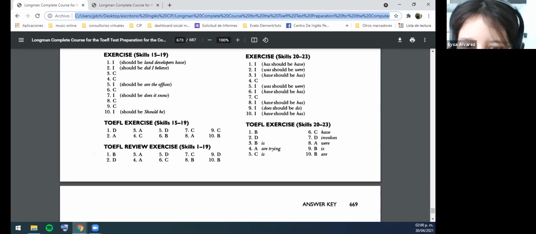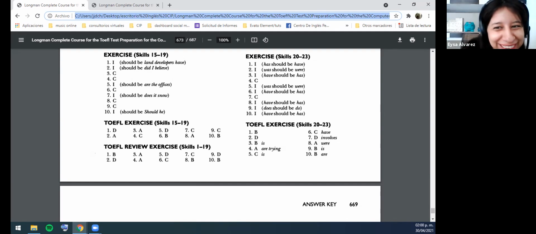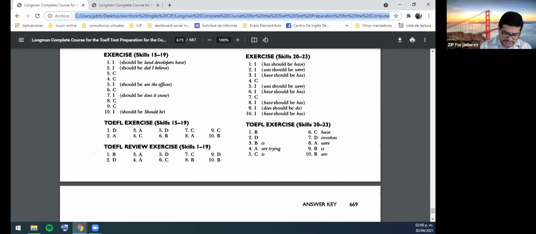Okay, I'm going to say letter number 10 is letter C, maybe. And I finish, yes. Okay, so check again.